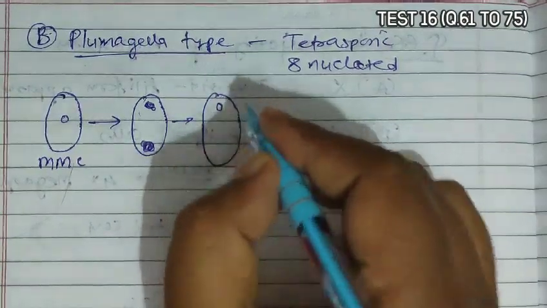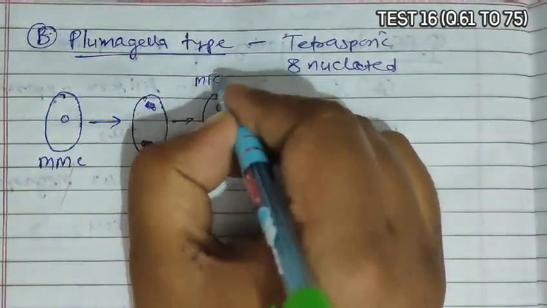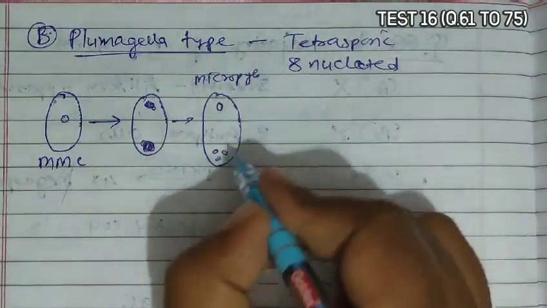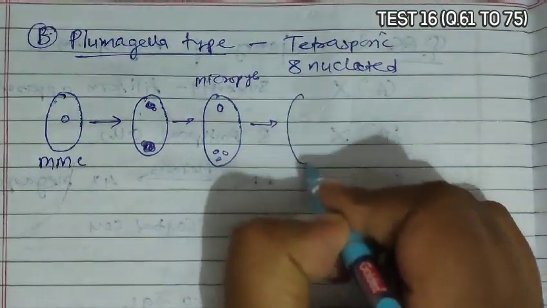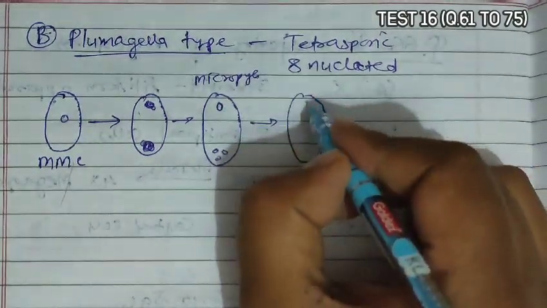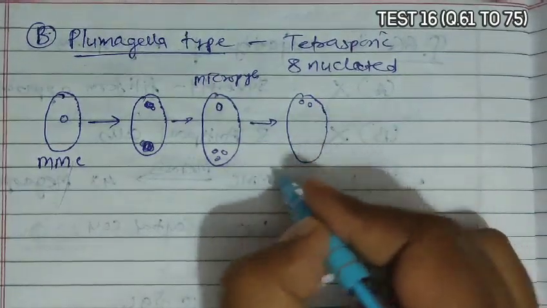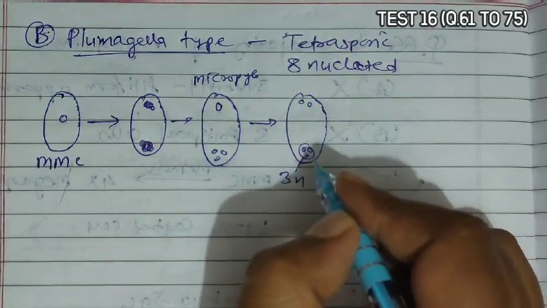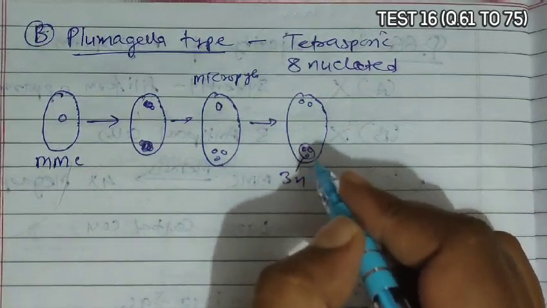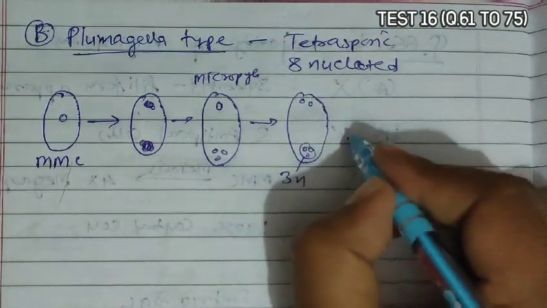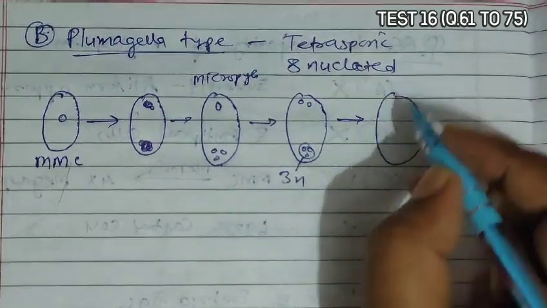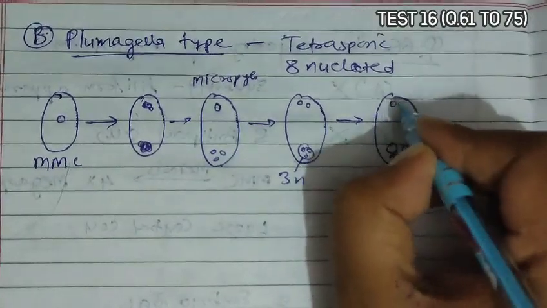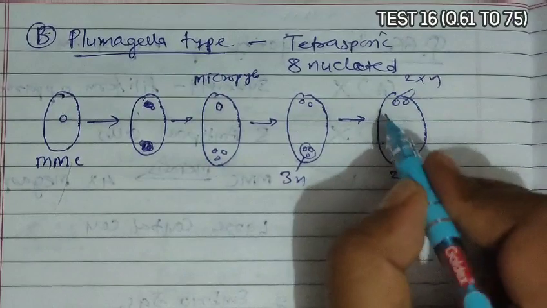Out of this, 1 megaspore remains at the micropylar end and 3 megaspores remain at the chalazal end. Now the megaspore at the micropyle undergoes mitosis and produces 2 haploid nuclei. These fuse and form a triploid nucleus. Now this triploid nucleus again undergoes mitosis and a total of 2 3n nuclei are formed, and here these 2 are the n nuclei.